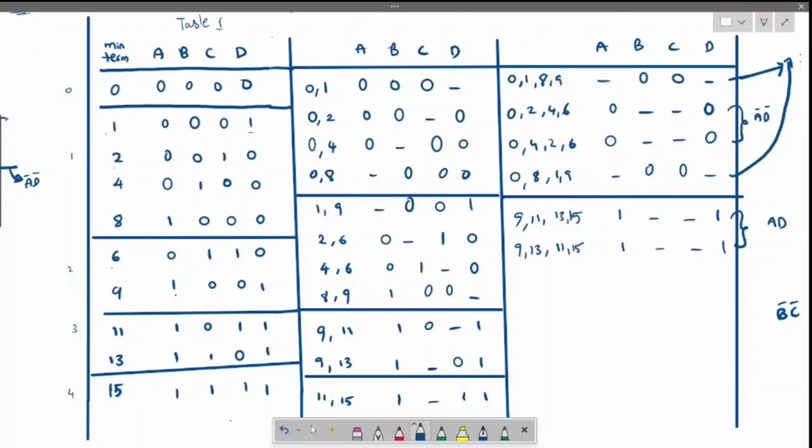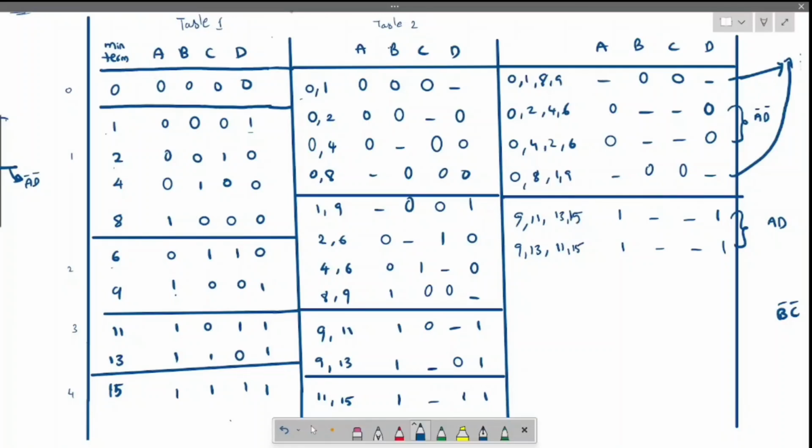Now let us move into table 2. Here we need to couple some minterms. The reason I took 0 and 1 is that for 0 we have 3 bits common and 1 different, remember.